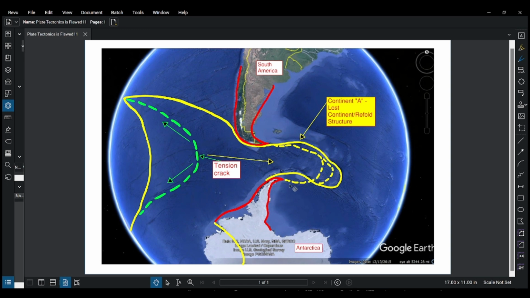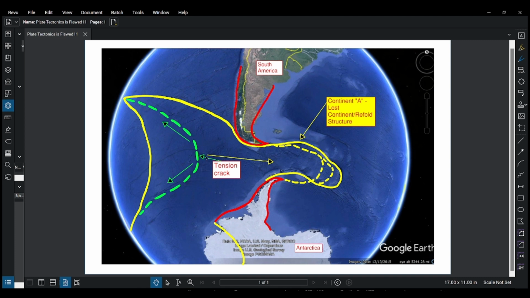It's outlined in yellow. Shows a little bit of phases of this battle of pulling in this direction to the right, battling, and also a direction by these green arrows basically going down and causing this triple junction basically of tension. And you can actually see this crack. You can see a lineation in the ocean where this green line is.